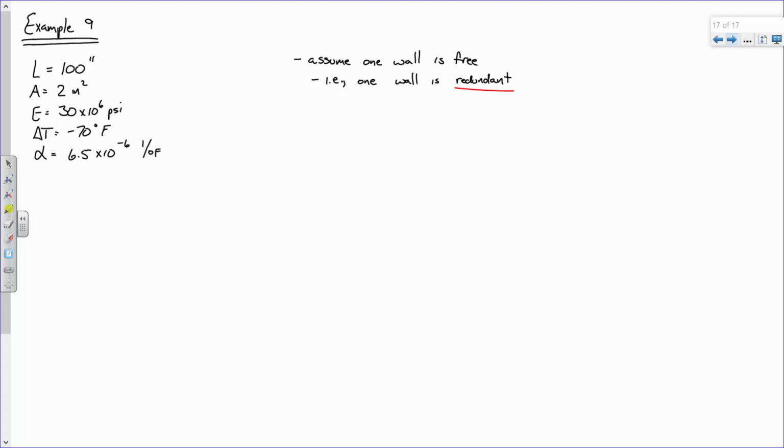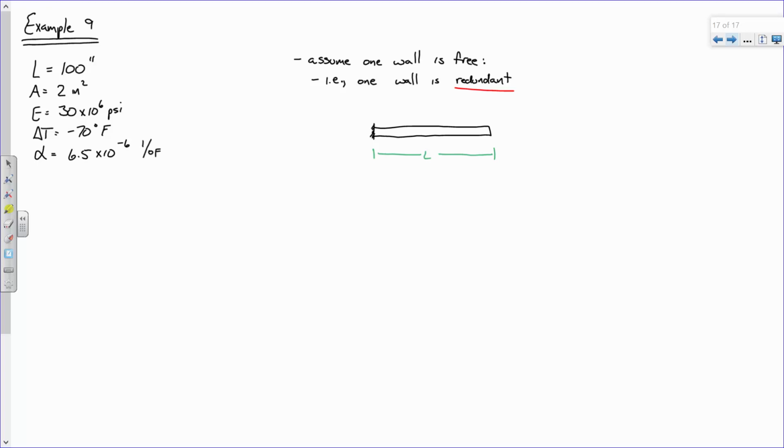All right, so I'm going to draw that bar like this. Okay, so here's the bar, and it's like this. Okay, now this dimension is L. All right, so here's the bar, and now let's take that negative 70 degrees Fahrenheit.